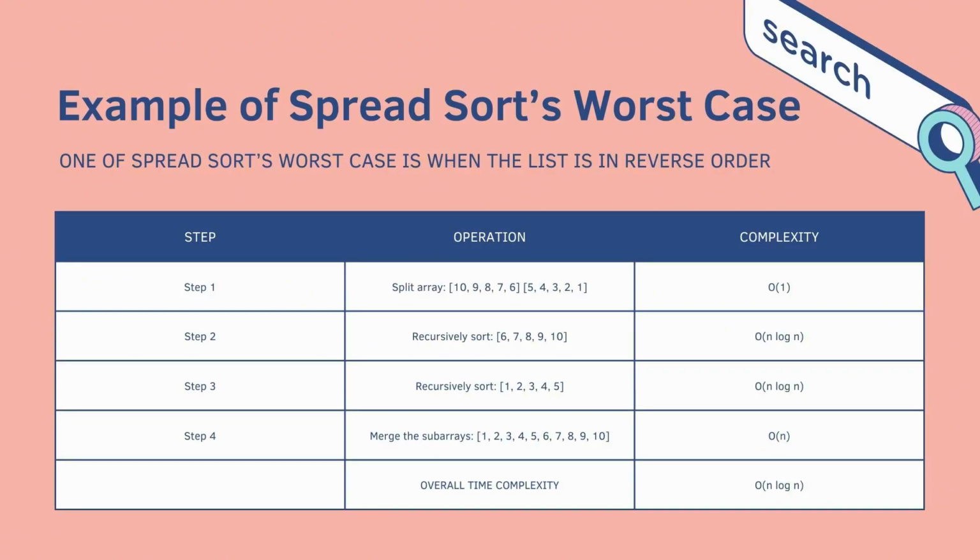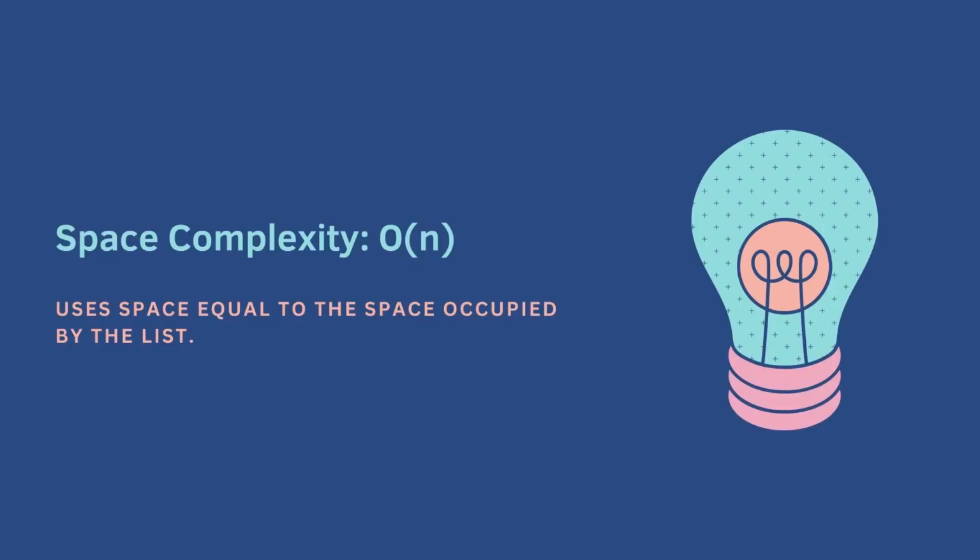Finally, after the subarrays are sorted, they will be merged. And with this, the overall time complexity of SpreadSort's worst-case scenario is O(n log n). For the space complexity, SpreadSort is sitting at O(n), which uses space equal to the space occupied by the list.